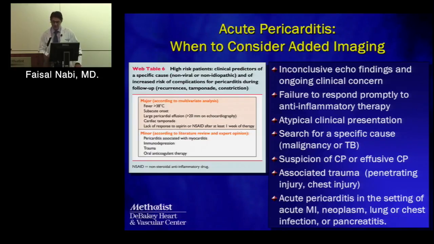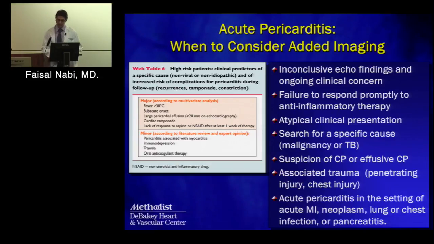Those would be patients who have what they call the major criteria: a good degree of fever, a subacute onset, large pericardial effusions, presentation with cardiac tamponade, or, more traditionally, you've put them on therapy and you're not seeing a response.